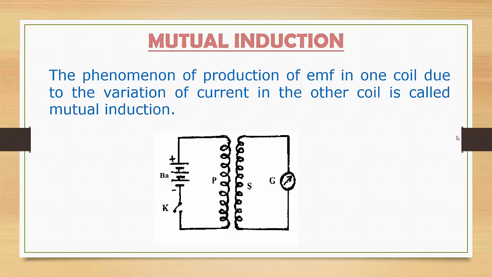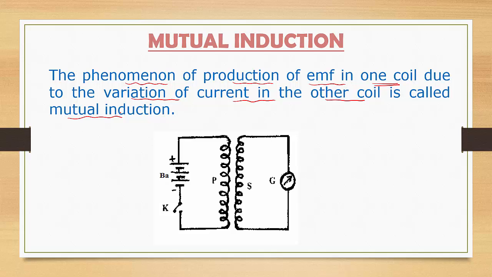First we have to know what is mutual induction. Mutual induction is the phenomenon of production of EMF in one coil due to variation of current in the other coil. That means if current is changing in one coil, one more current is produced in another coil.